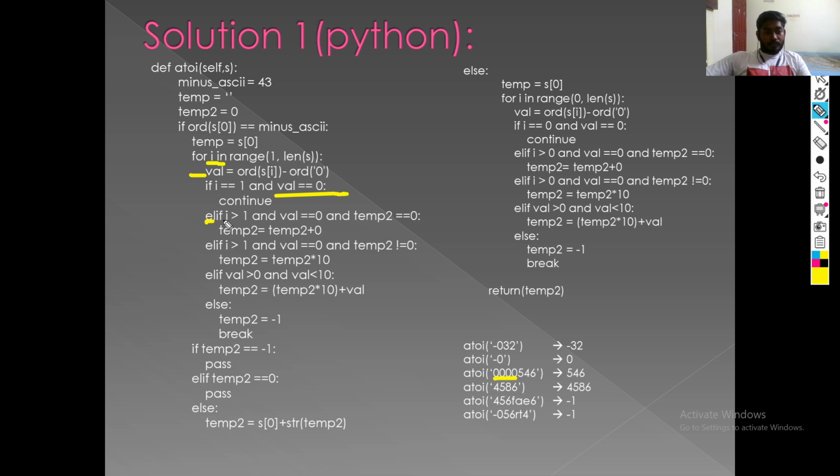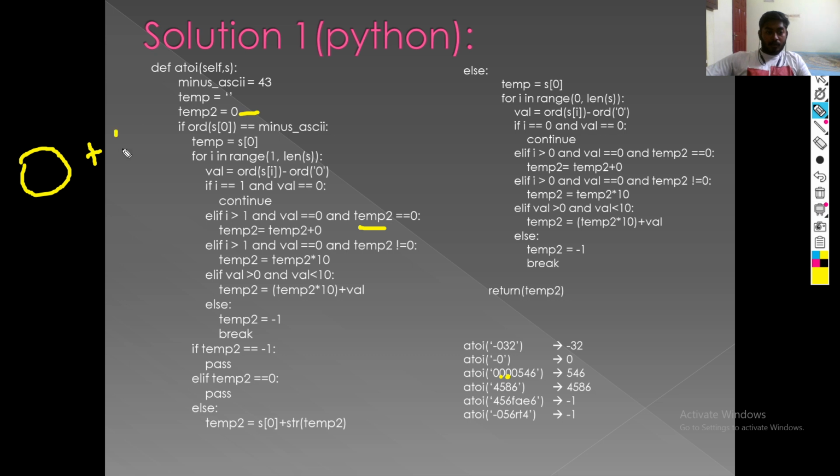Next one, elif, which means else if. If i is greater than 1 and the value is equal to 0. Same thing: i greater than 1 means if the i value comes to this place and still the value is 0, and temp2 is also equal to 0, then we should not add any of the value, because if we already have a 0, we should not include any numbers, as it will give a false answer.